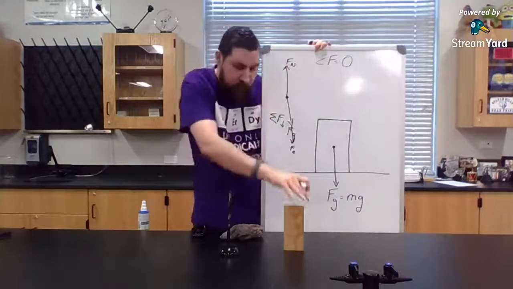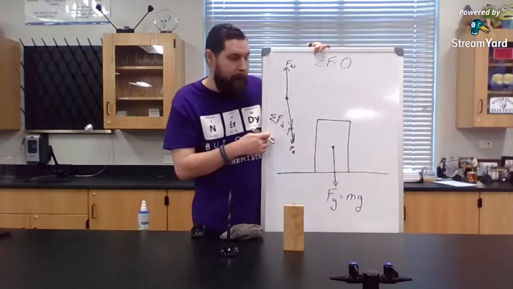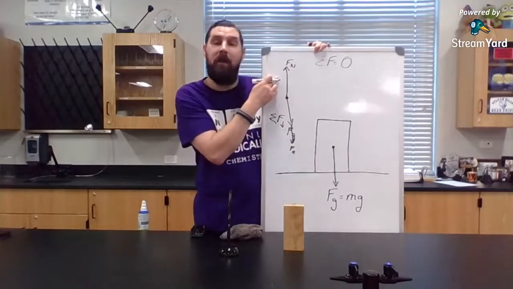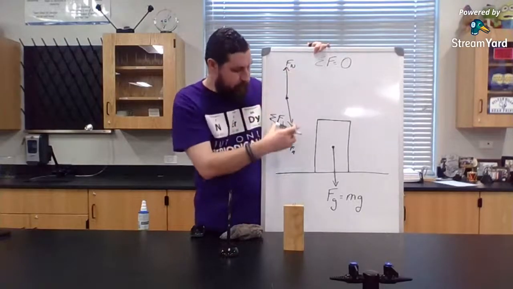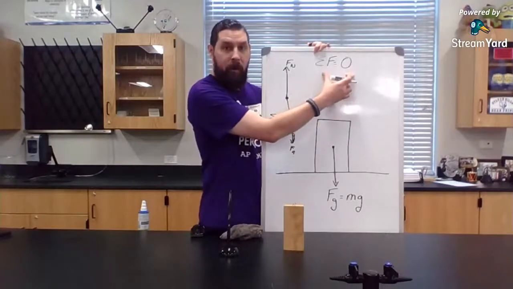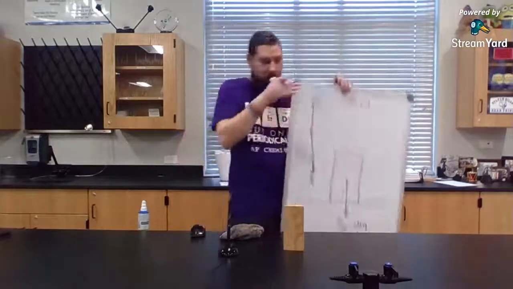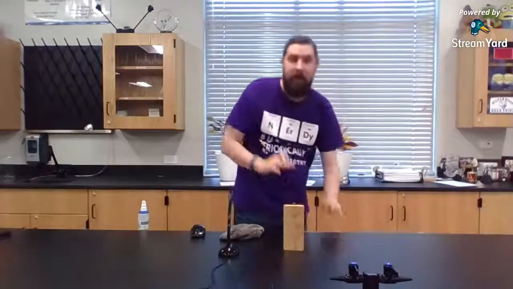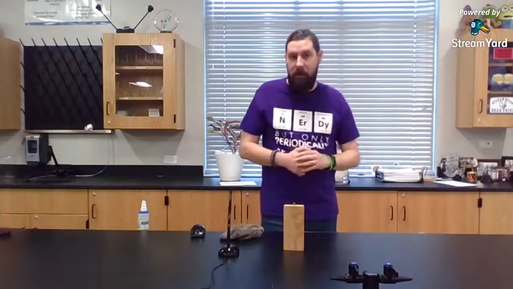So what we see is when we apply a force in the same direction as force of gravity, my force normal is going to increase. That way, when I take my force normal plus my net force downwards, I'm still going to get an overall net force of 0. So right there we can see that force normal does not always have to equal the force of gravity.